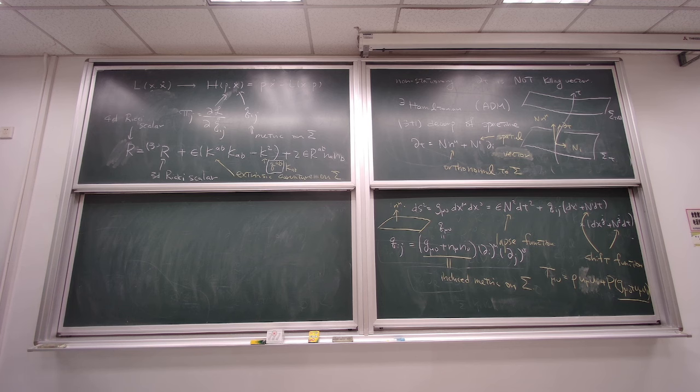So now we can define the Hamiltonian in the ordinary way, with some proper normalization: pi ab times q dot ab minus Lagrangian, times 16 pi G. Okay, like this. So Lagrangian is written here already.